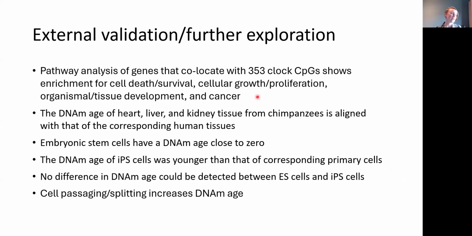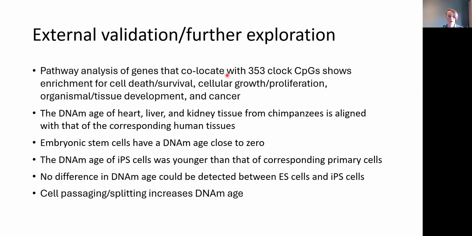Okay, so the final bit, I thought it's useful to think about how they then used the results from their model to further explore or explain what they've come up with. So the first thing that's interesting when you're doing a model like this is obviously what is contributing to the model. When you're doing a linear regression, you get the coefficients for each of the CPGs, so you can pull out the interesting ones and see what they are.